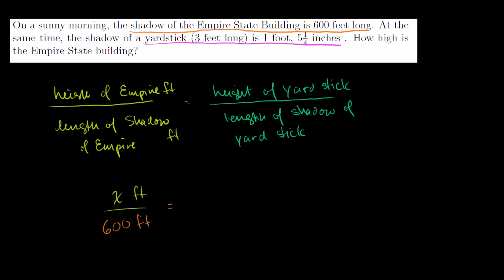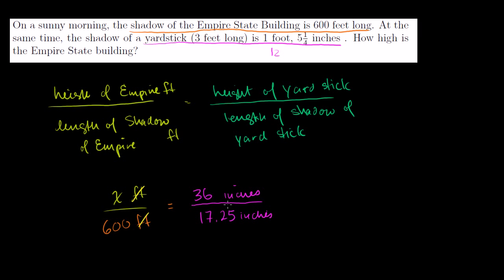Let's do it in inches. 3 feet long is 36 inches, divided by the length of its shadow, 1 foot 5 1/4 inches. What's that? 1 foot is 12 inches. 12 plus 5 1/4 is 17 1/4, or 17.25 inches. And notice, the units cancel out.